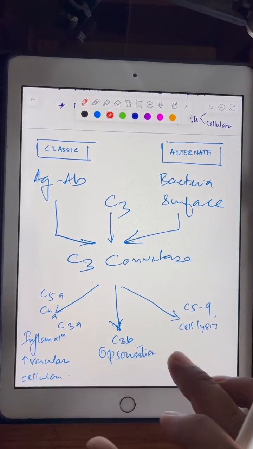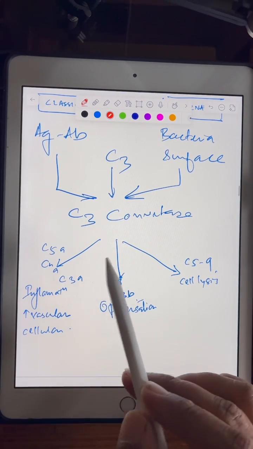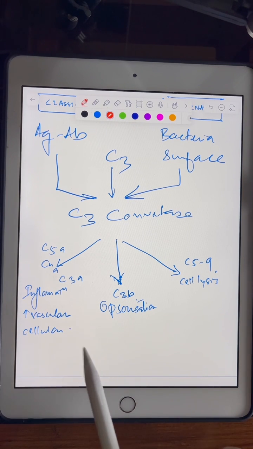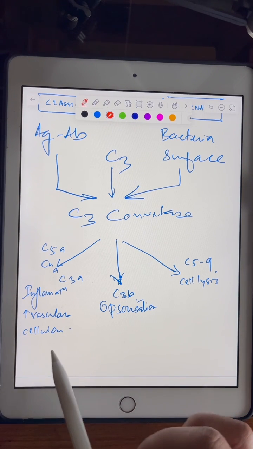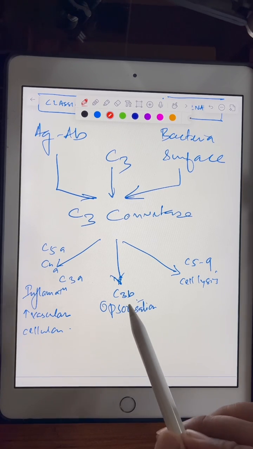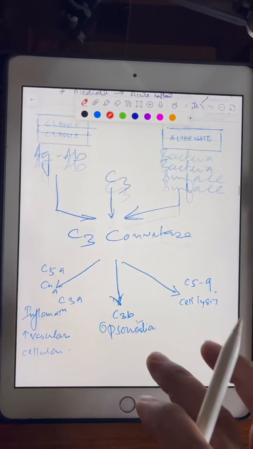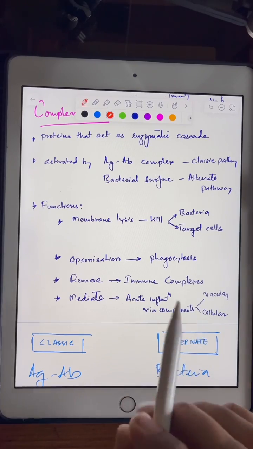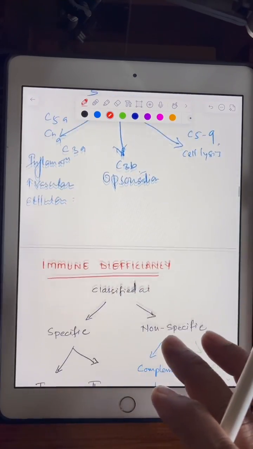C3 is converted into C3a and C5a; activated C3 causes inflammation, increased vascular permeability, cellular response, opsonization and cell lysis. These are the three methods: cell lysis, opsonization, and inflammation.